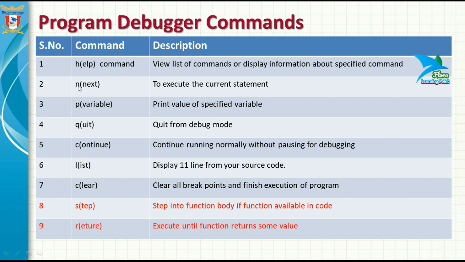So mainly these three commands are used for debugging purposes: N for next statement, P for printing the value, and Q for quitting from debug mode. But besides these commands, we have another command that you can use. One is C, or continue.